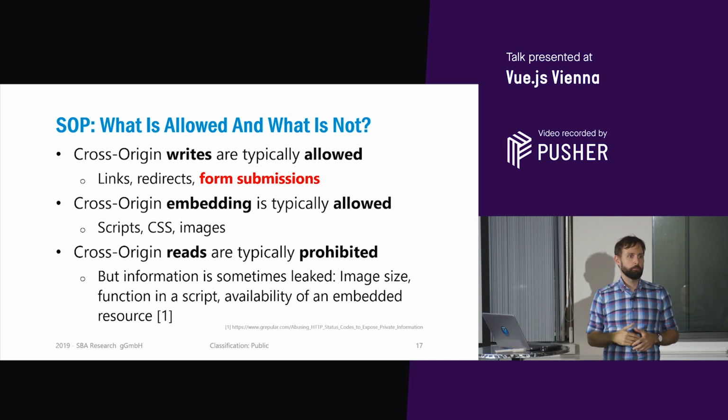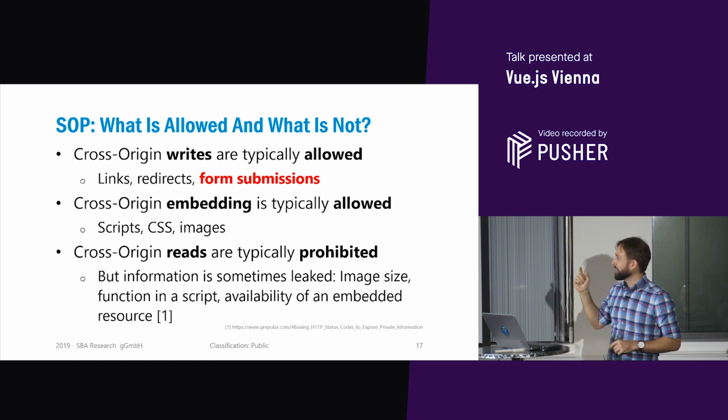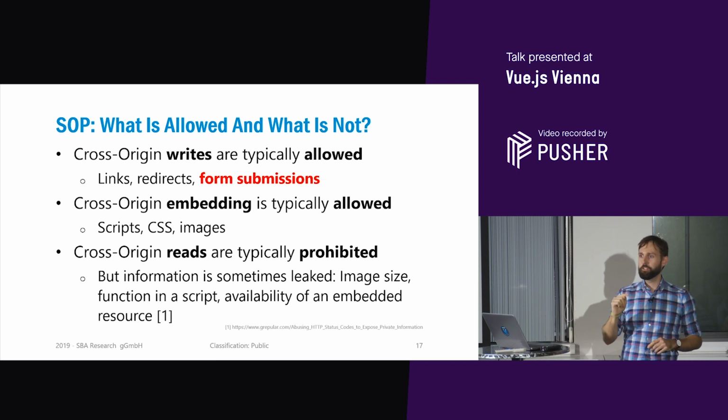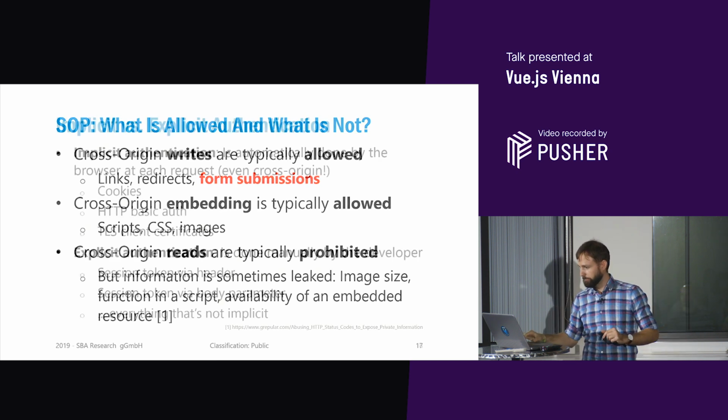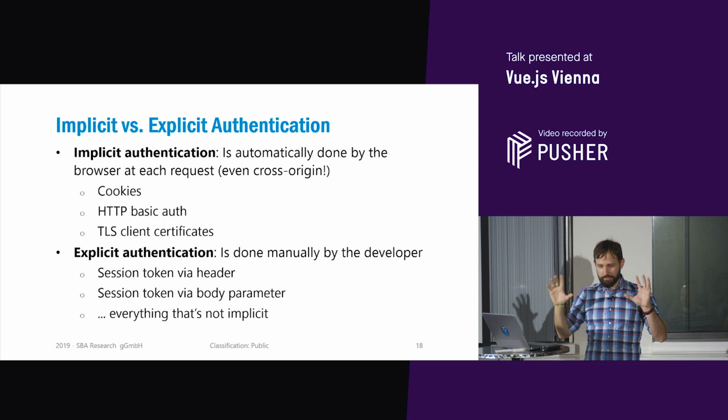Even if that JavaScript runs on a different origin. Now, cross-origin writes, like form submissions, and that is the important part. Form submissions work cross-origin. Okay, I have an example for you very soon. Now, that's the stuff that's very important to understand and not intuitive.